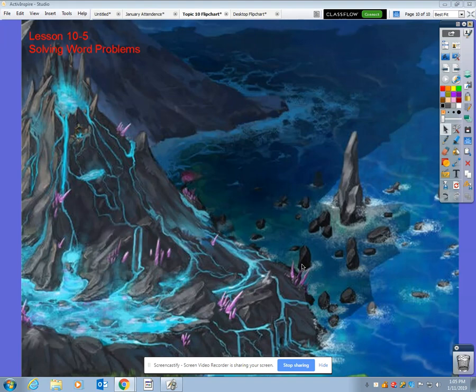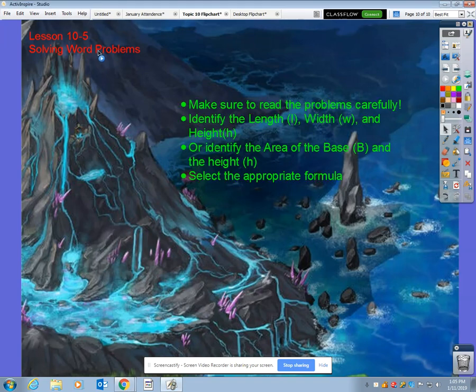We are going to take a look at lesson 10-5, and 10-5 introduces us to word problems. In other words, real-world math problems that can be solved using these volume equations we have learned. A couple of things you want to keep in mind. First, read each problem very carefully.